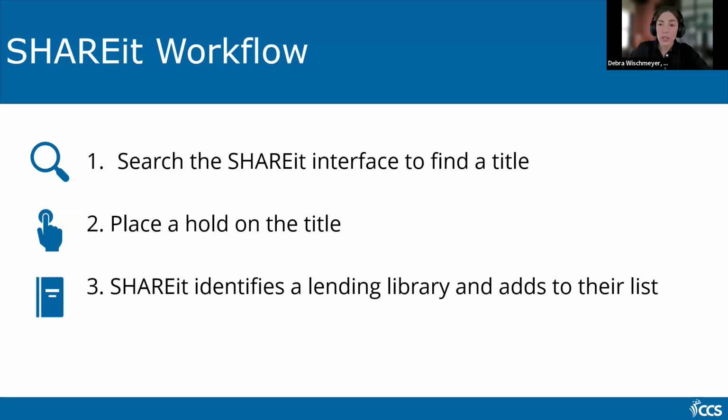When you or a patron find the title that you're looking for, you'll log in and place a hold on that title in ShareIt. On the back end, once a request is placed, ShareIt will identify a lending library that has a copy of that title available. The title will then be placed on that library's pick list to be pulled.